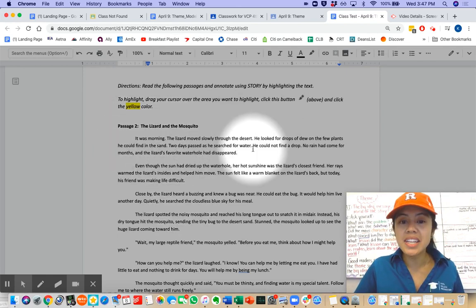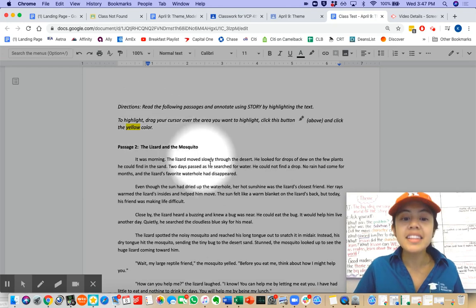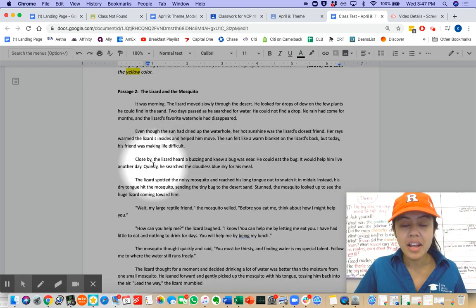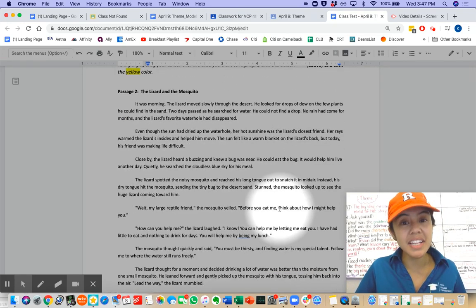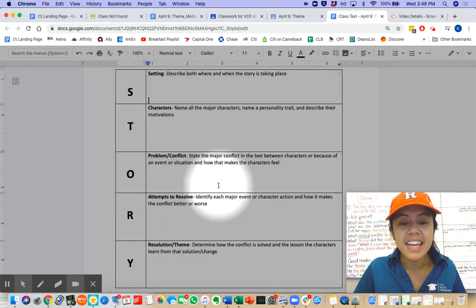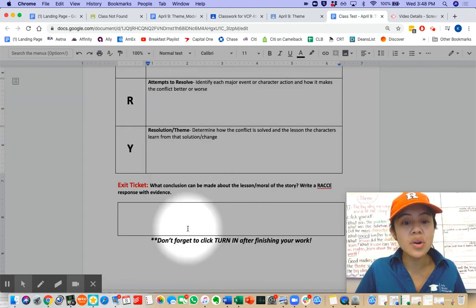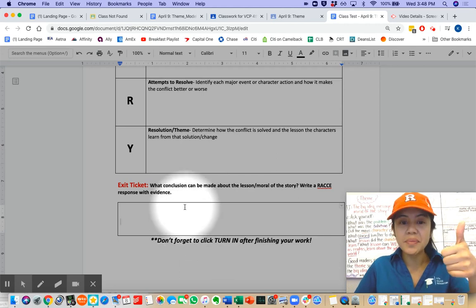You will read and annotate passage 2, the lizard and the mosquito, by highlighting evidence for STORY and writing that evidence in this planner. Your exit ticket is going to be at the bottom.